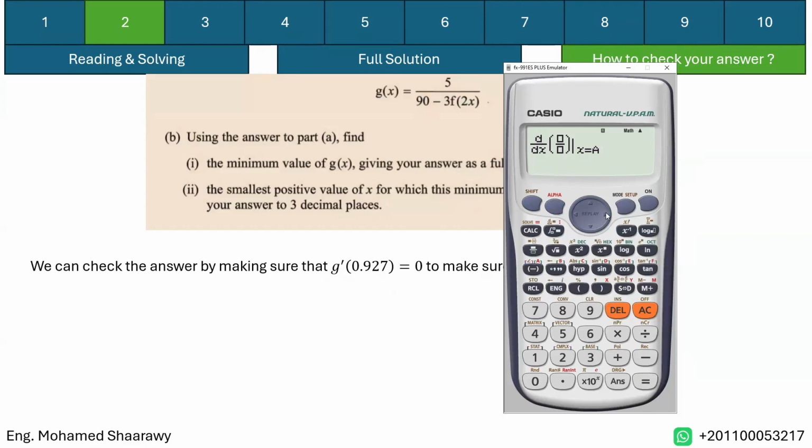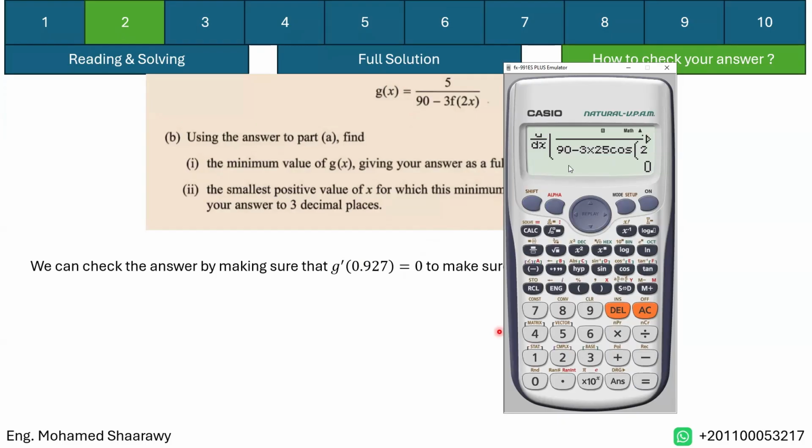Let me write g of x like 5/90 minus 3 f of 2x. Actually, f of 2x is 25 cosine of 2x plus alpha. Let me write alpha as it was, shift tan 24/7. And now let me check the answer. The answer should be 0 because it's a stationary point. So let me press equals. Actually, it is 0. So I'm correct.